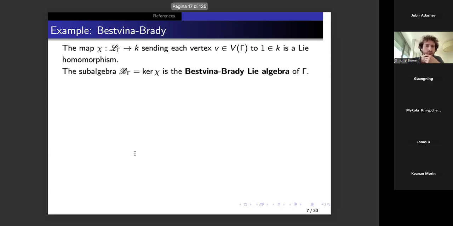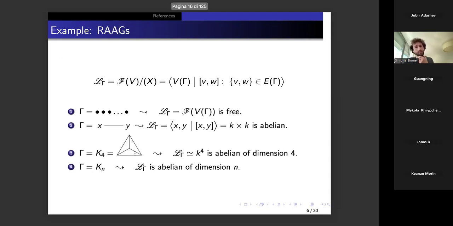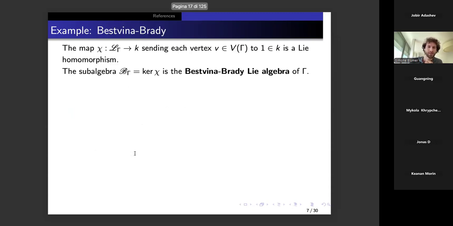Okay, so as another example of a graded Lie algebra, right-angled Artin Lie algebras are really well behaved, and later we will see how well behaved they are. On the contrary, Bestvina-Brady Lie algebras are usually much less well behaved.